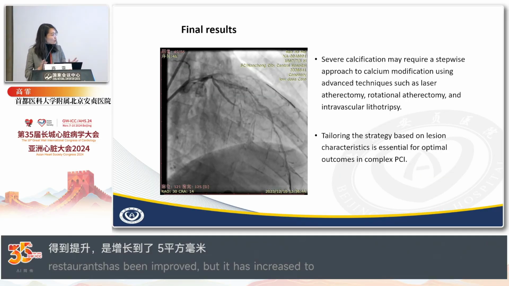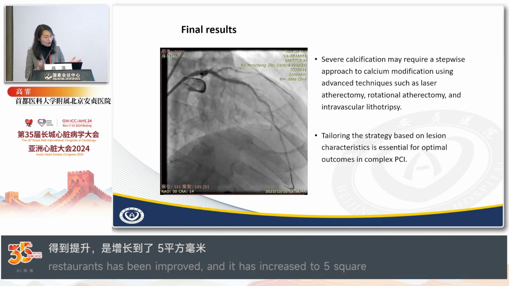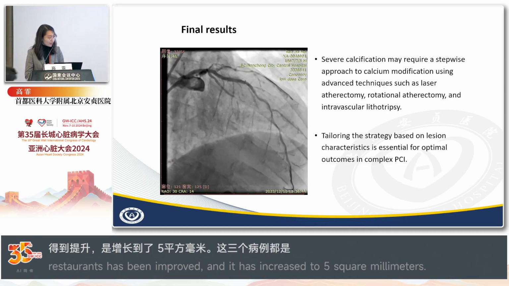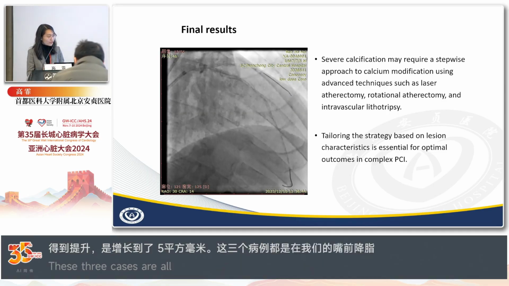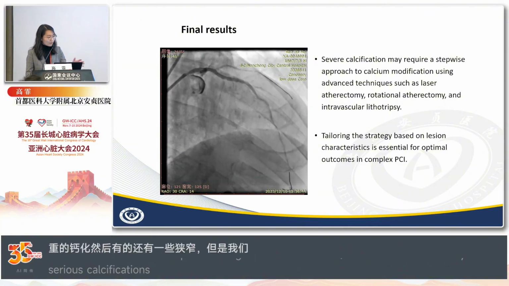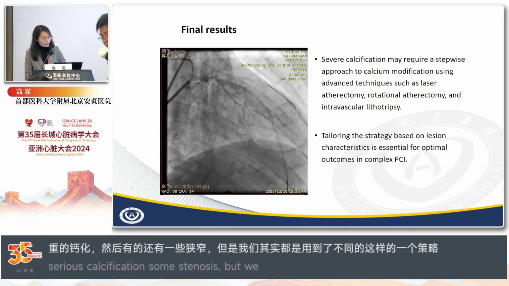So these three cases are all LAD lesions with severe calcification and diffuse lesions, but we used a different strategy because they have different characteristics.